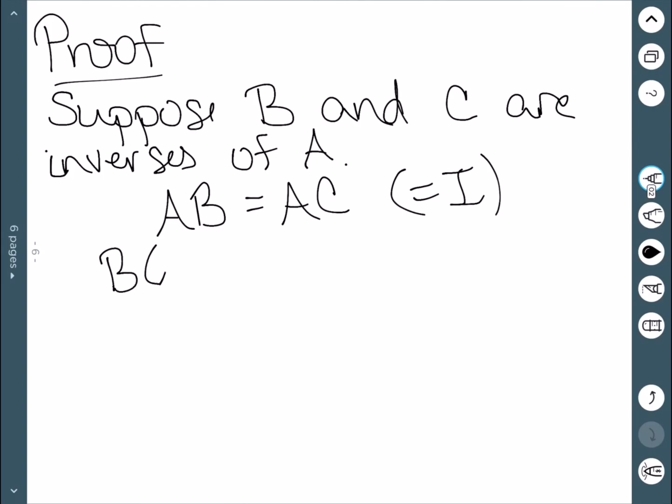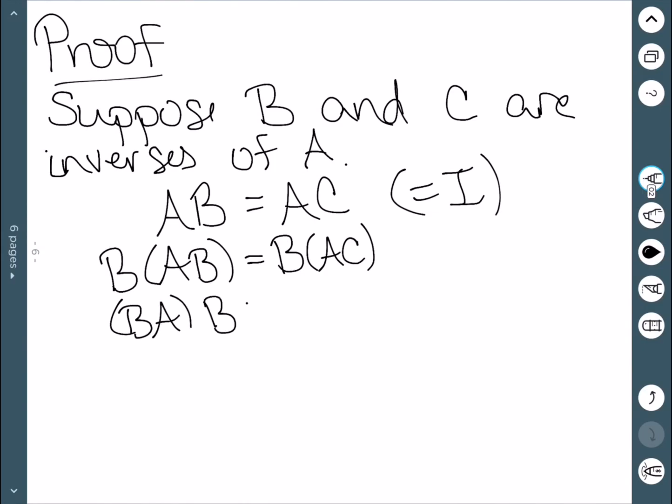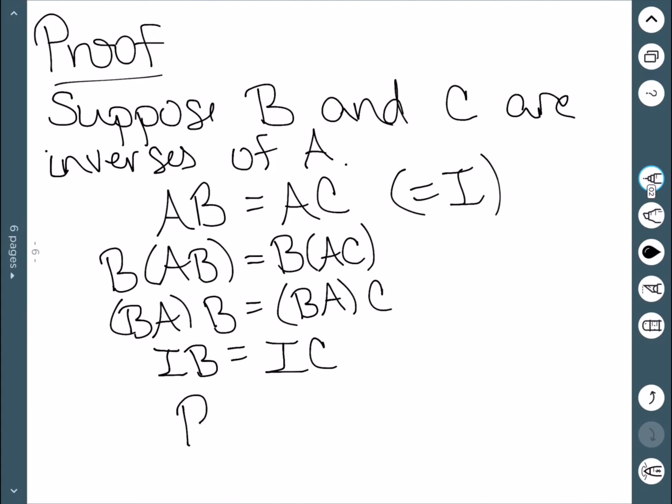I'm going to multiply on the left by B on both sides of the equation, and then I'll move around my parentheses and make this BA times B is equal to BA times C. Since B is an inverse, BA is the identity. And the identity times the matrix is just that matrix. So that I have B is equal to C. Therefore, this thing is unique.